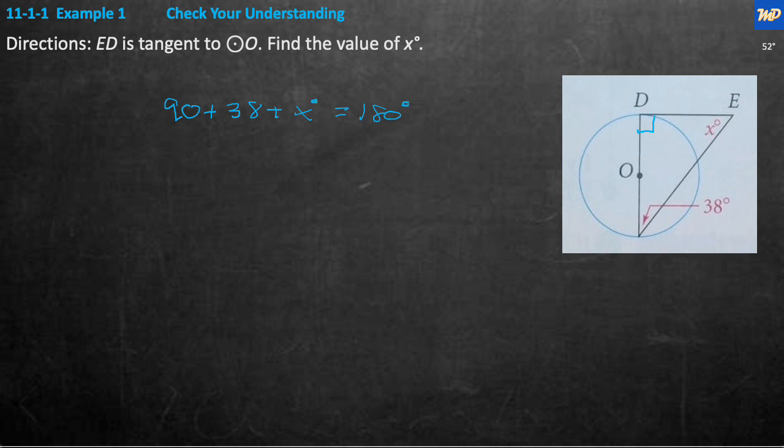So 90 and 38, we're going to get 128 plus X is equal to 180. So now we're going to say X is equal to 180 minus 128, and X is then going to be equal to 52 degrees. Okay?